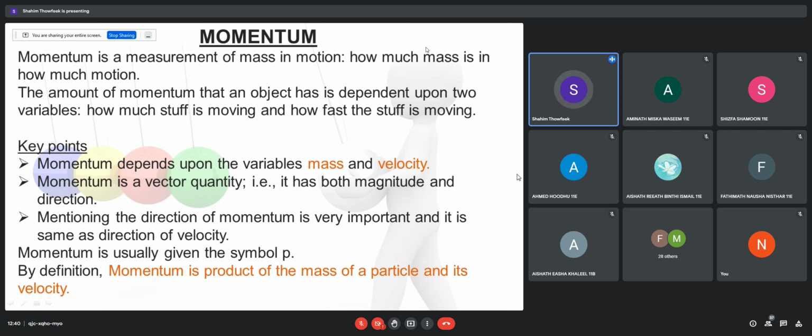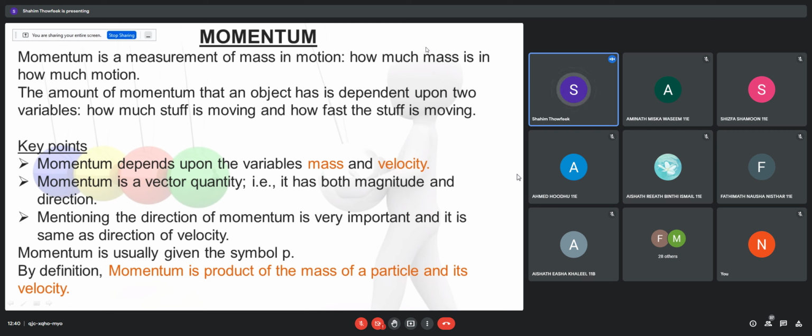So the direction of momentum is the same as the direction of velocity. If you know the direction of velocity, you should know, because velocity has both magnitude and direction. It is the direction of the momentum of the object.